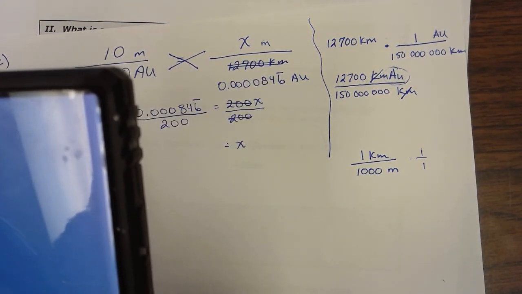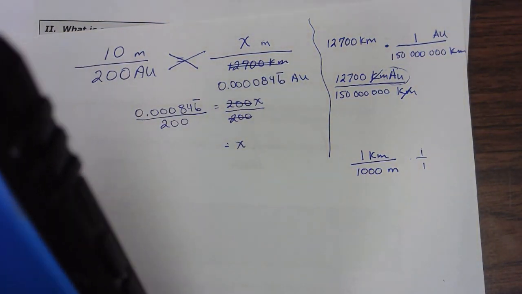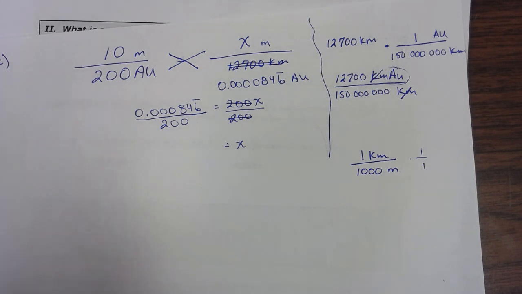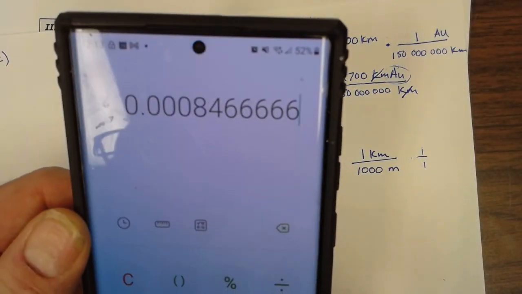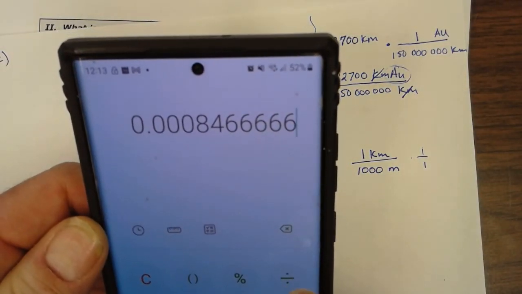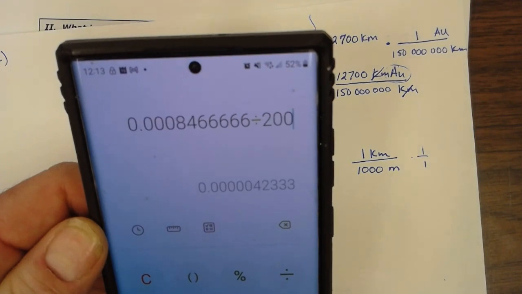So divide by 200 is this. Okay, so I got this back. A little technical malfunction. Divided by 200 is equal to this.